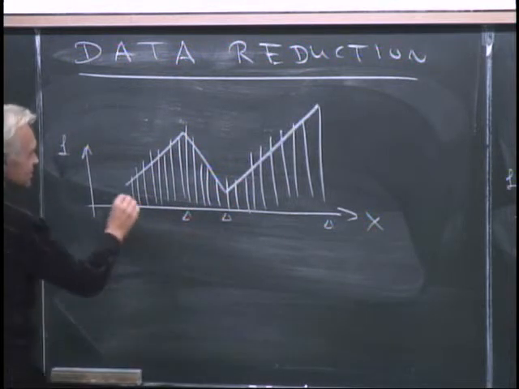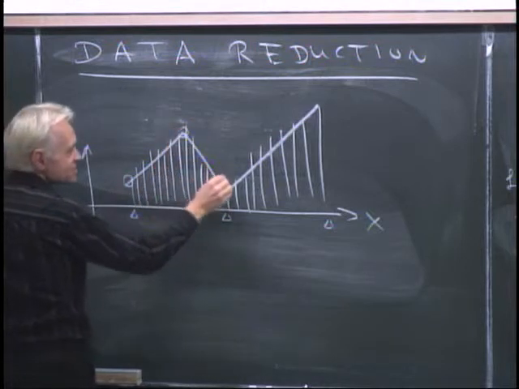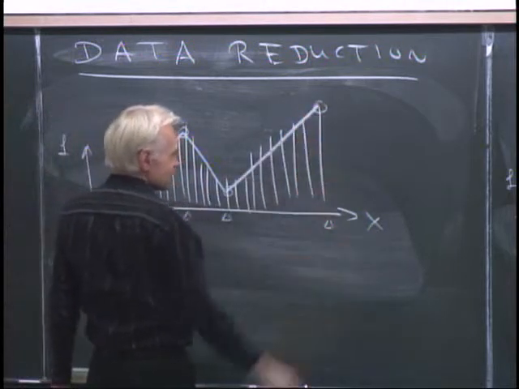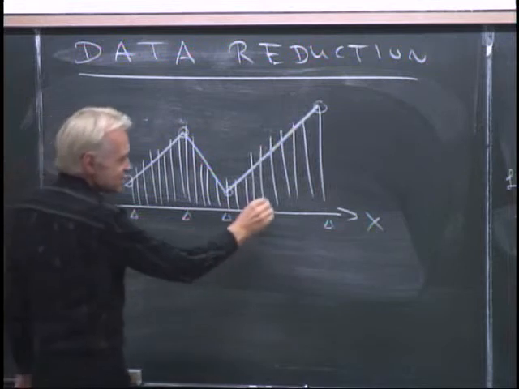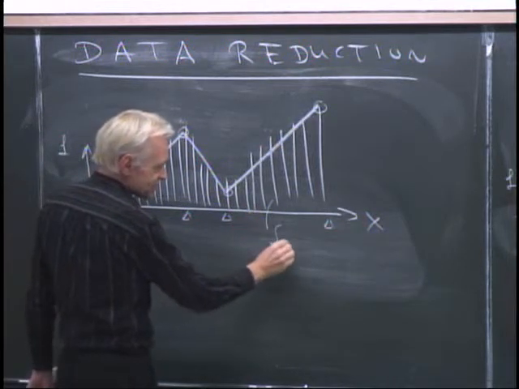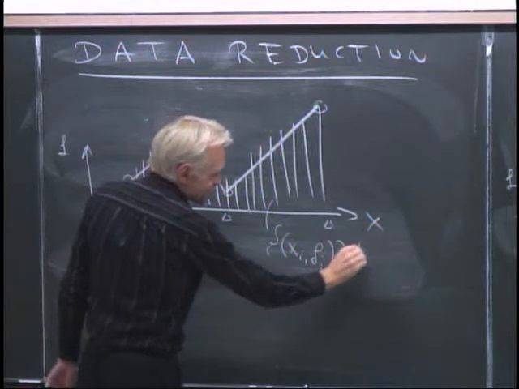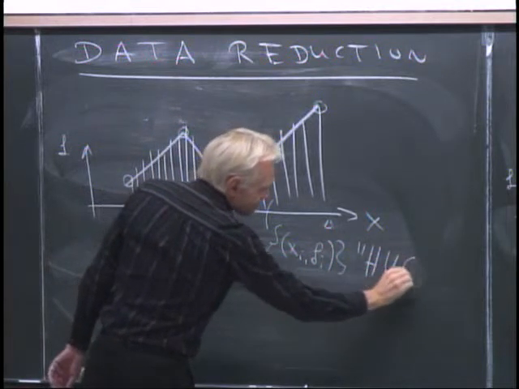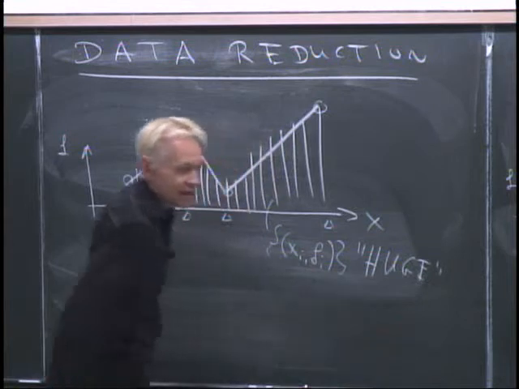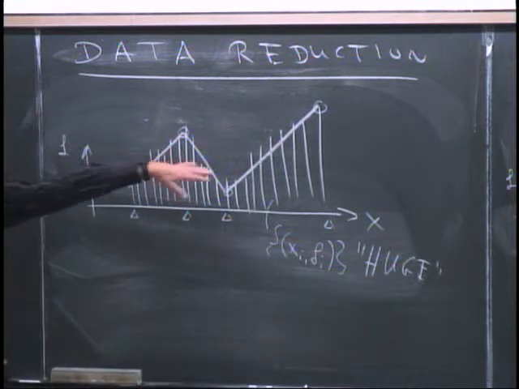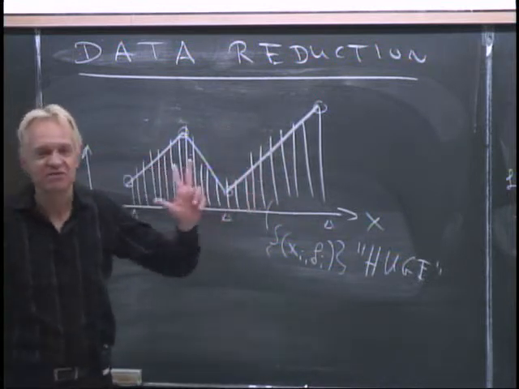That's the idea. So these individual measurements were a huge set of xi's and fi's, and this was huge. But these lines are now only three.